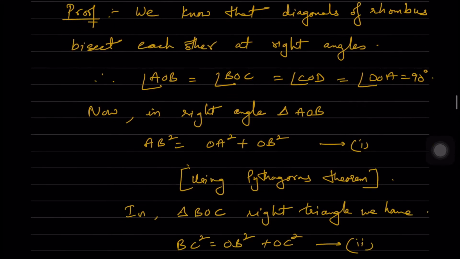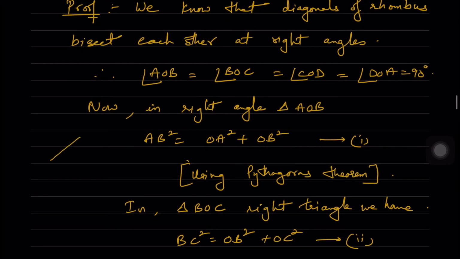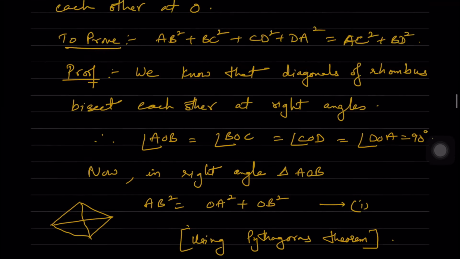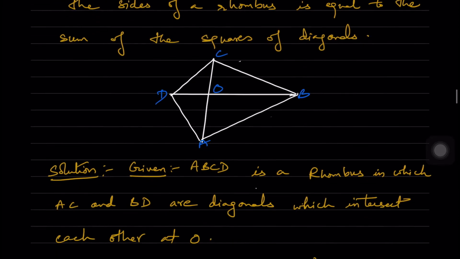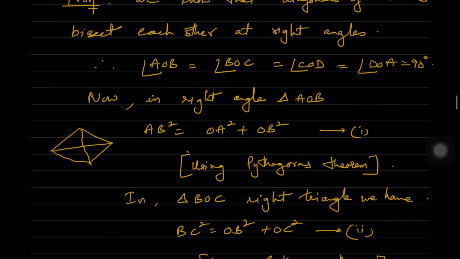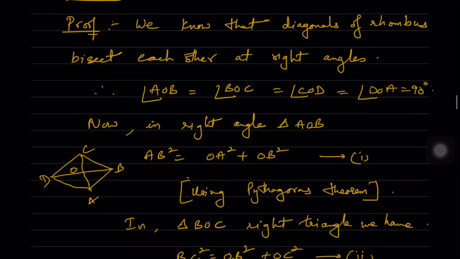So now if we consider this is the rhombus which you are having and these are the diagonals which you have considered, and we are naming it as A, B, C, D and O. So now here you can see that we know that the diagonals of a rhombus bisect each other at right angles, means angle AOB is equal to angle BOC is equal to angle COD is equal to angle DOA, which is equal to 90 degrees.